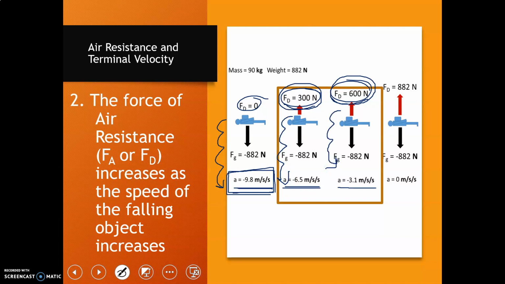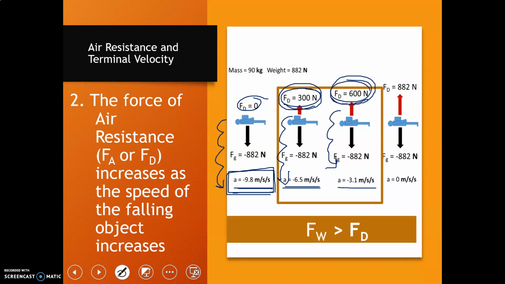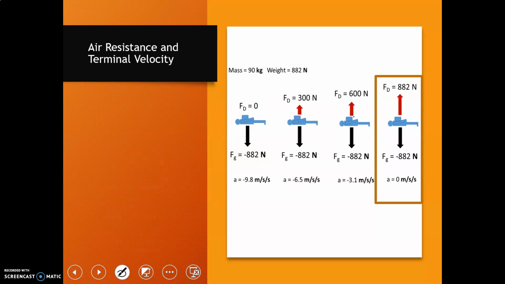So we're not really increasing speed that fast anymore. But note that the weight force is still greater than the drag force. So our gravity is still negative 882, but our drag, or our air resistance, is still only 600. So they're still uneven. But the drag is still increasing.